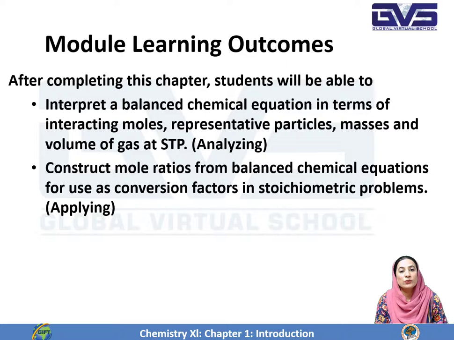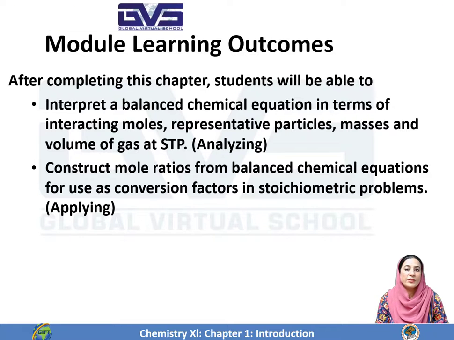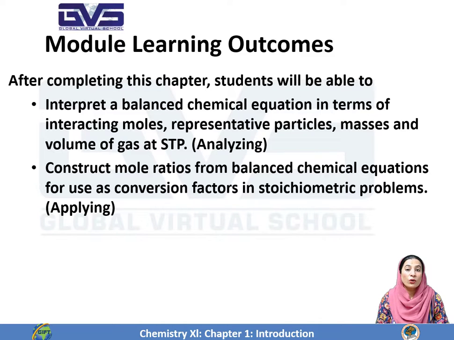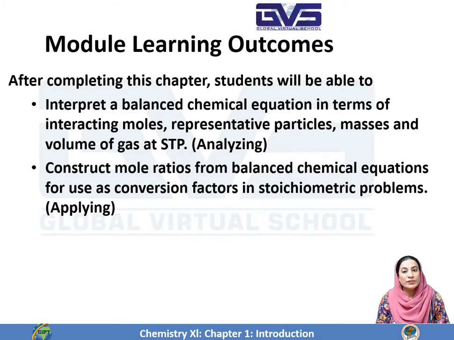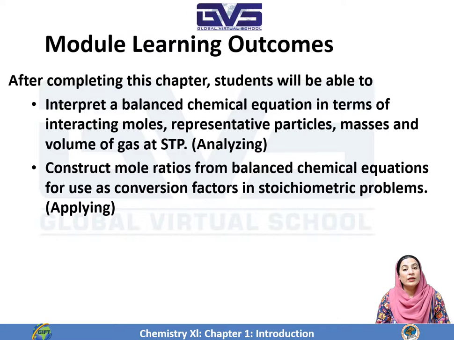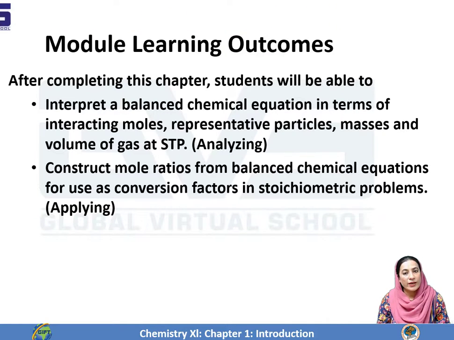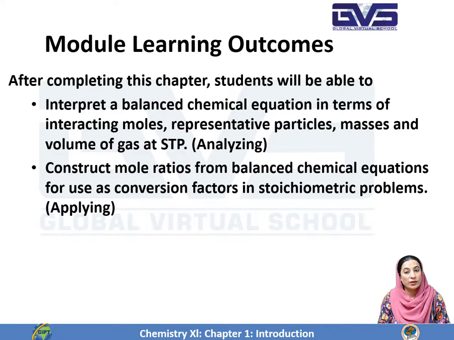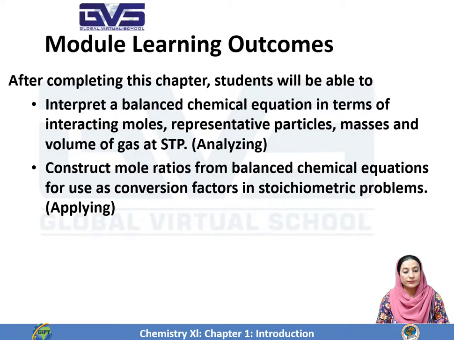Then you will be able to construct a mole ratio from a balanced chemical equation. We will discuss what a balanced chemical equation is and what a non-balanced chemical equation is, for use as conversion factors in stoichiometric problems. We will discuss stoichiometric problems with the help of different numericals. We will solve the stoichiometric problems so you can understand stoichiometry, mole, and Avogadro's number thoroughly.